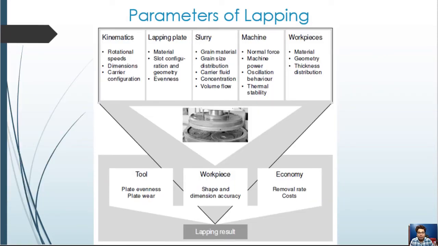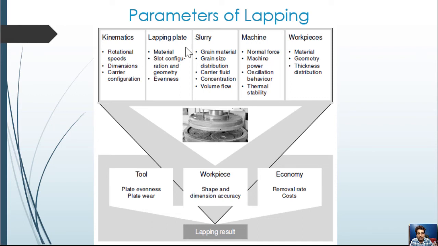Now, speaking about parameters of the lapping process, there are different parameters which affect the lapping results to quite an extent. Kinematic factors may be there, like rotational speeds, dimensional accuracies or the dimensions of the lapping plates, then carrier configurations of the plates.